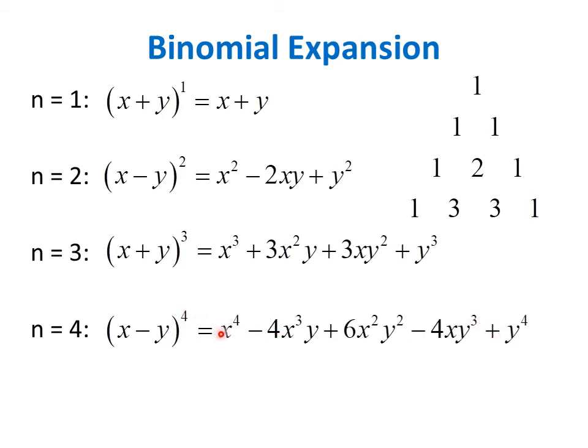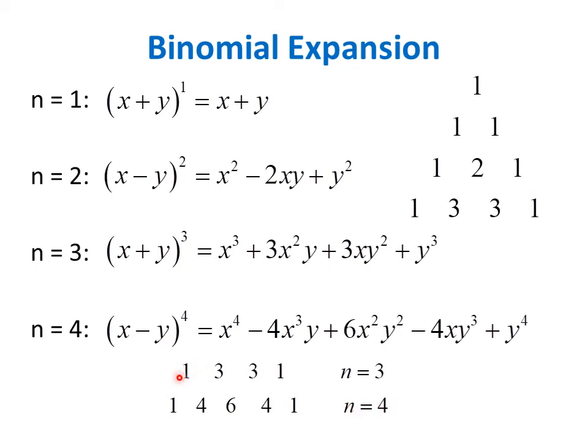Okay, next step. How about the coefficients of the terms? Where did we get 1, 4, 6, 4, 1 from the Pascal's triangle? From this Pascal's triangle, we know that the line for n is equal to 3 consists of 1, 3, 3, 1. How do we get the line for n is equal to 4?